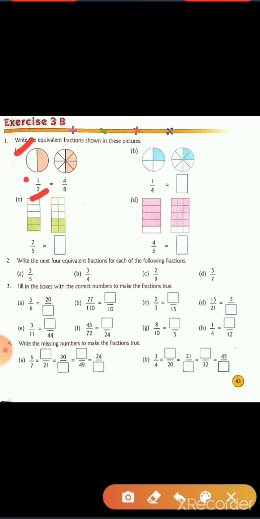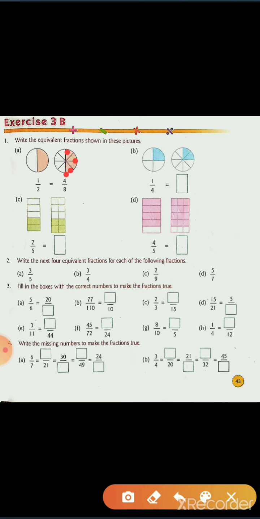The second circle is the same size as the first circle. In this circle, the circle is divided into 8 parts. Out of these 8 parts, 4 parts are shaded.